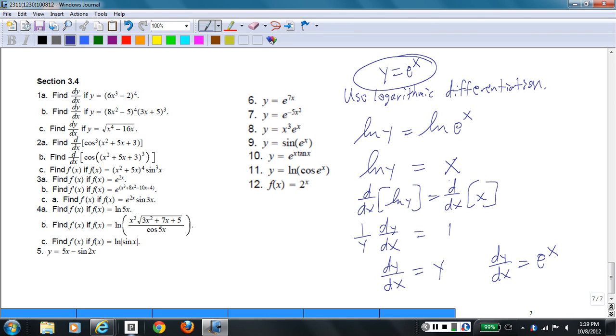And the third derivative? e to the x, yeah. It's in a class of functions. It's not the only function that's equal to its derivative, but a constant times e to the x would be what you're looking at if you're looking for a function that's equal to its derivative. So let's look at 6. 6 uses the chain rule.